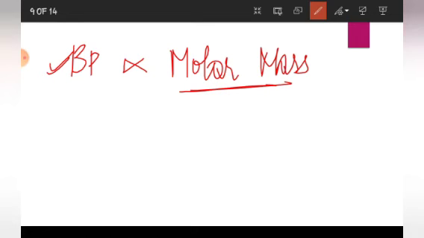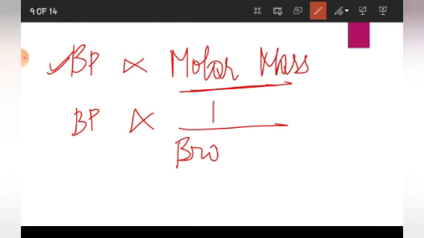Now, the next point is about branching. That boiling point is inversely proportional to branching. You need to remember this also. So if we compare various isomeric alcohols, then as the branching increases, the boiling point decreases.